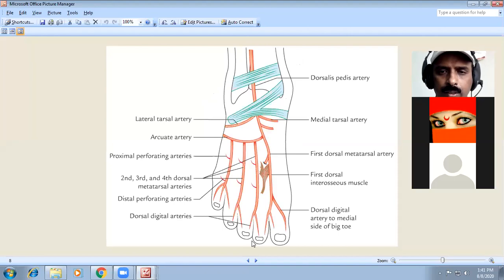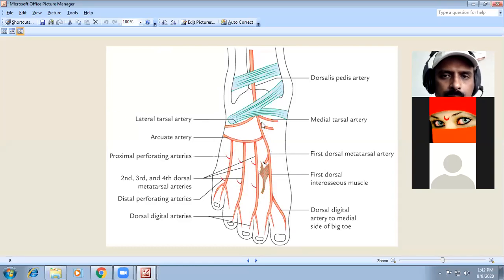So this is a structure. You have to remember the course and arches of the dorsalis pedis, as I have told just now: the metatarsal arteries and the digital arteries. One more artery you have to remember is the dorsal digital artery of the medial side, and the first dorsal metatarsal artery.